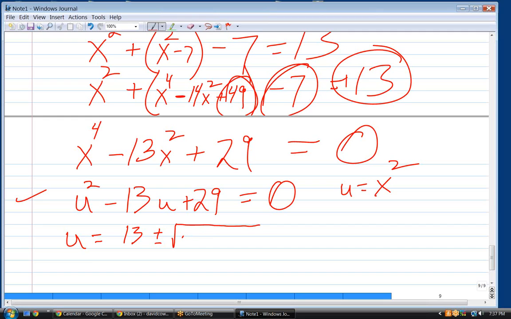So 13 squared is 169 minus 4 times 29, all over 2. Let's see, 4 times 29 is 116, right? 169 minus 116 is 53. So we're looking at the square root of 53, which does not reduce.